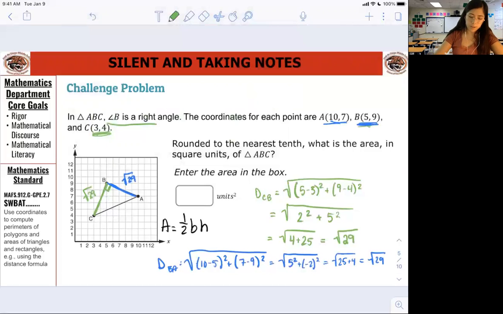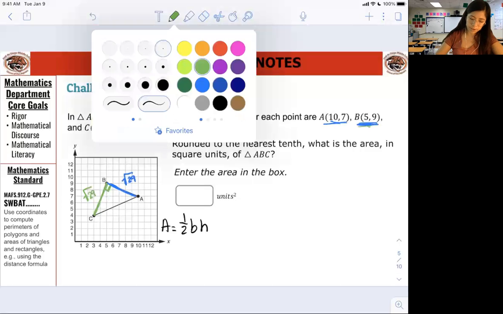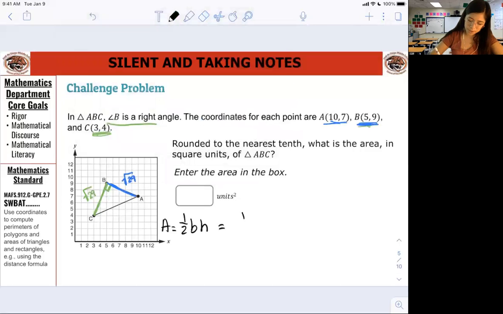Okay. Now all we need to do is plug that into our area formula. So area equals base times height divided by 2, or 1/2 base times height. So it's 1/2 times the square root of 29 times the square root of 29. Like I did previously, what can I do to those 29s? Multiply, yeah.